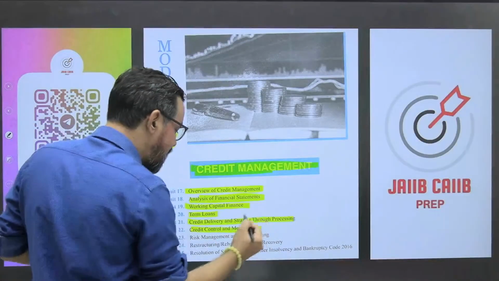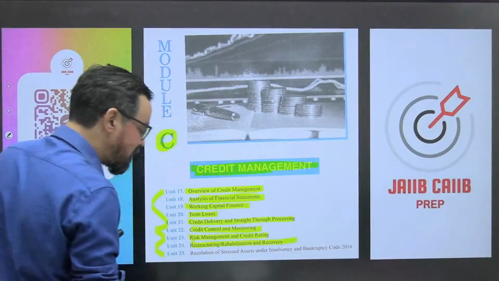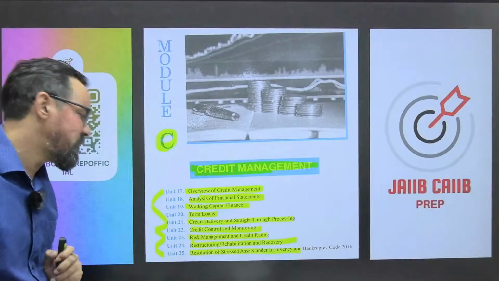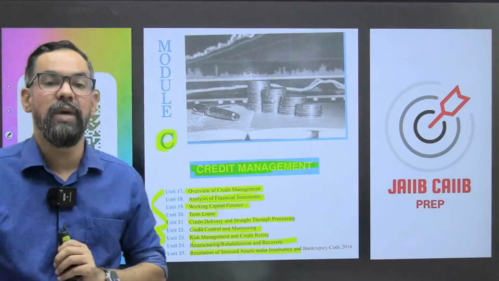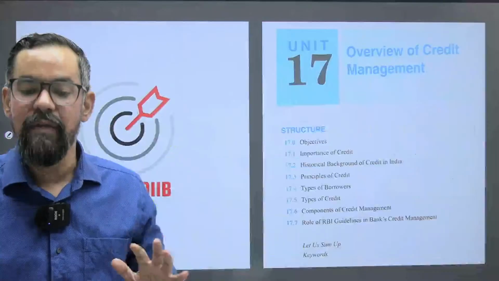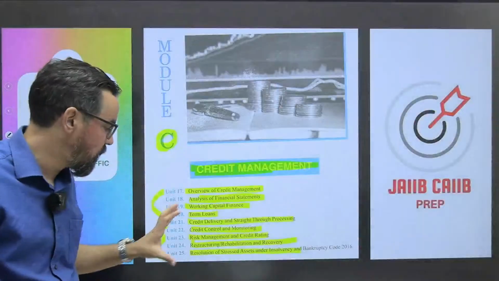Credit control and monitoring, risk management. Then we have restructuring and rehabilitation and recovery. Then we have resolution of stressed assets under the Insolvency and Bankruptcy Code 2016. These are the topics which are part of this module.